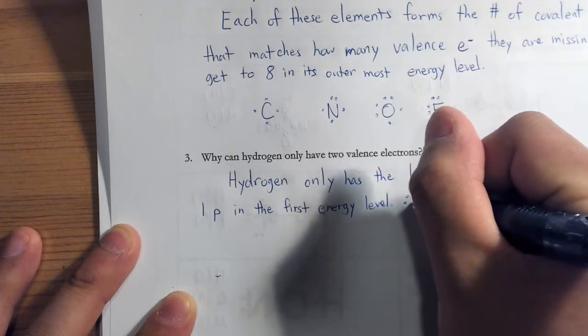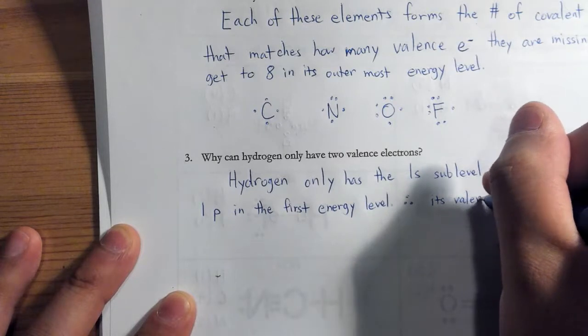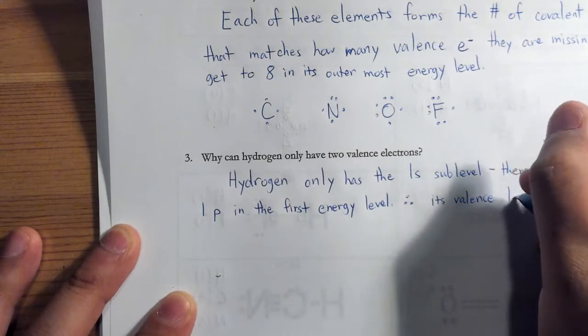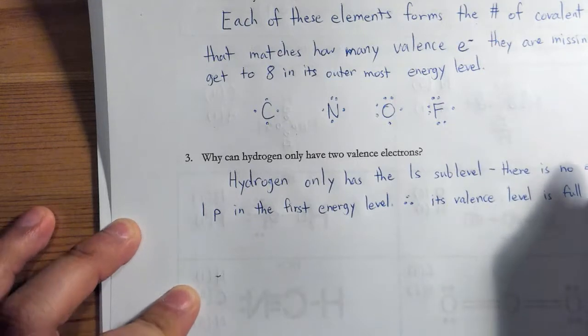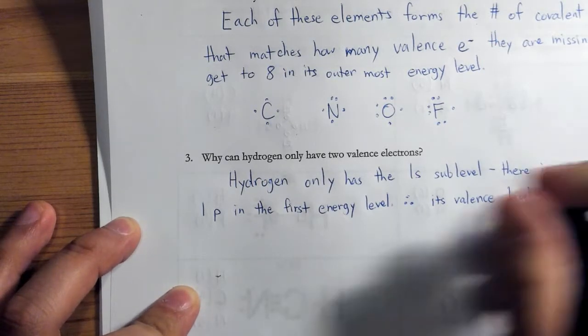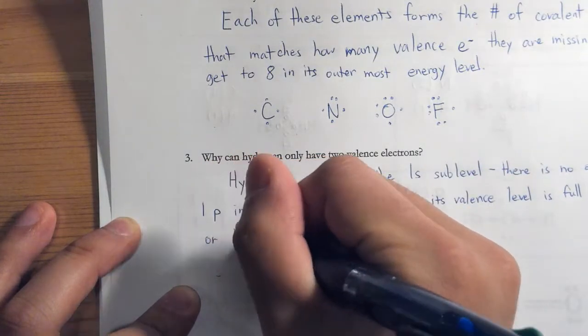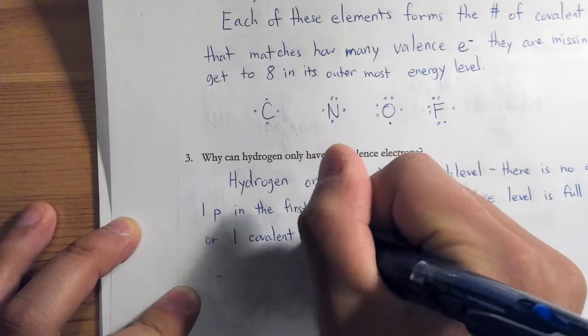Therefore, I'm going to put a therefore sign. Its valence level is full with 2 electrons or 1 covalent bond.